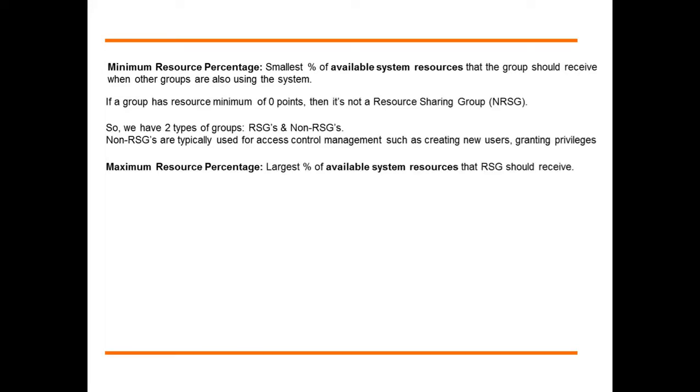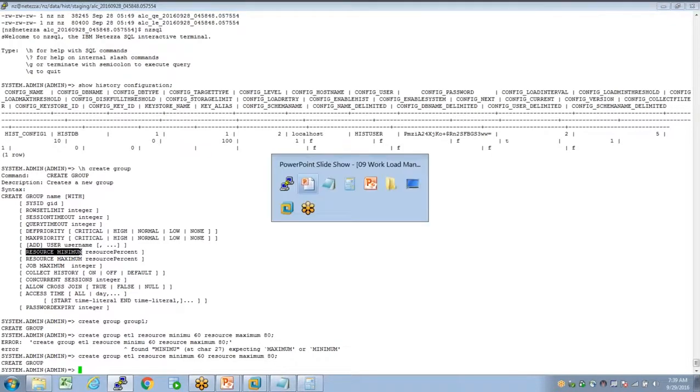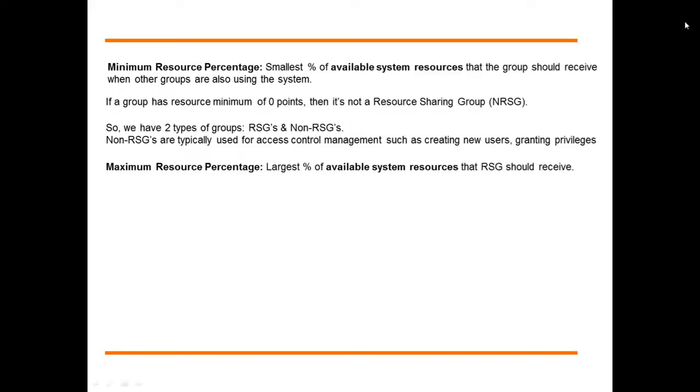Now let's try to understand minimum resource percentage and maximum resource percentage. So what are these I'm talking about? Resource minimum. What do I mean by resource minimum? It is the smallest percentage of available system resources that the group should receive when other groups are also using the system.